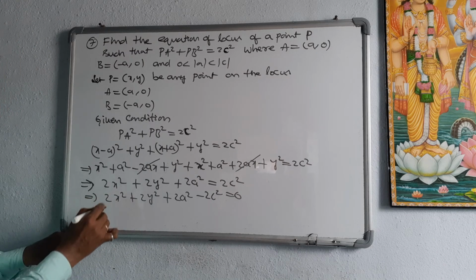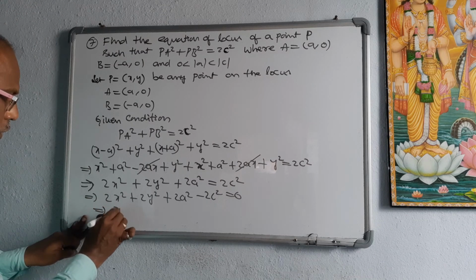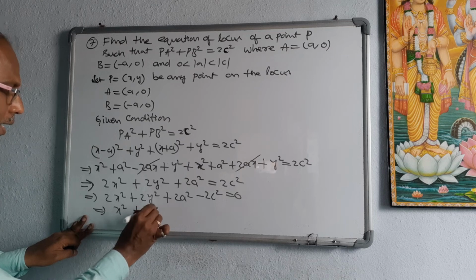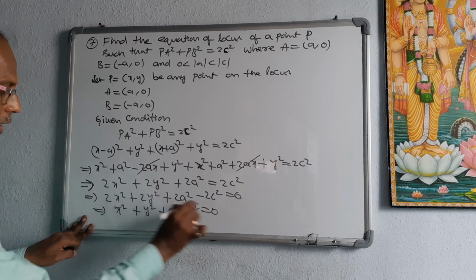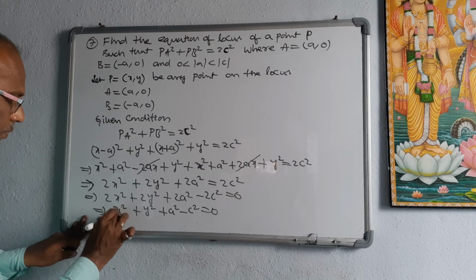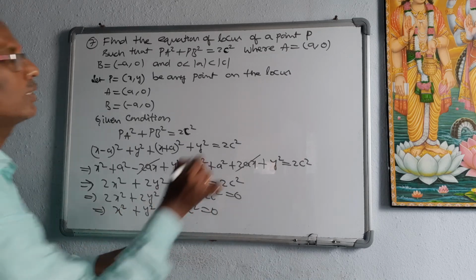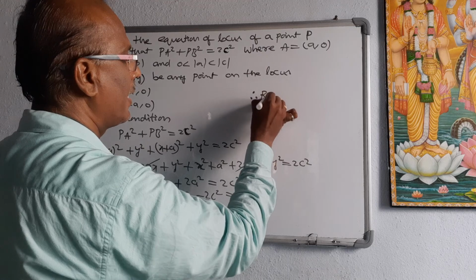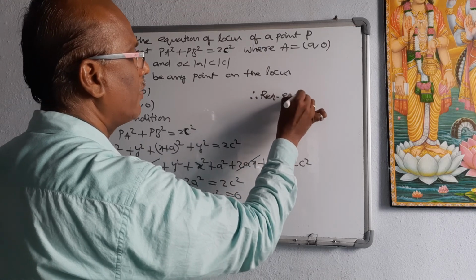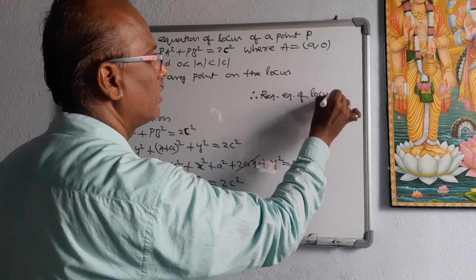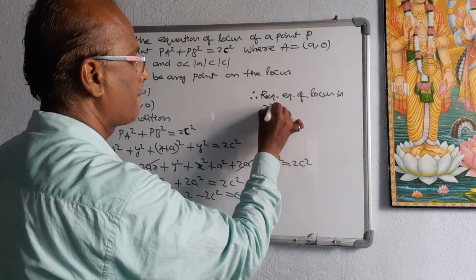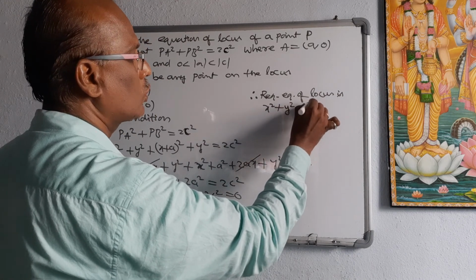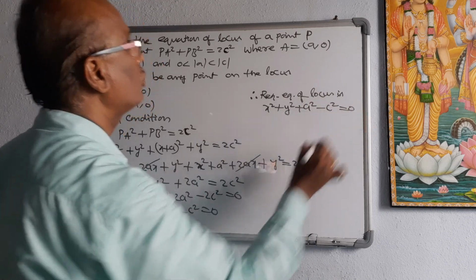Here cancelled by 2. X square plus y square plus a square minus c square equal to 0. This is the required equation of locus. Therefore, required equation of locus is x square plus y square plus a square minus c square equal to 0.